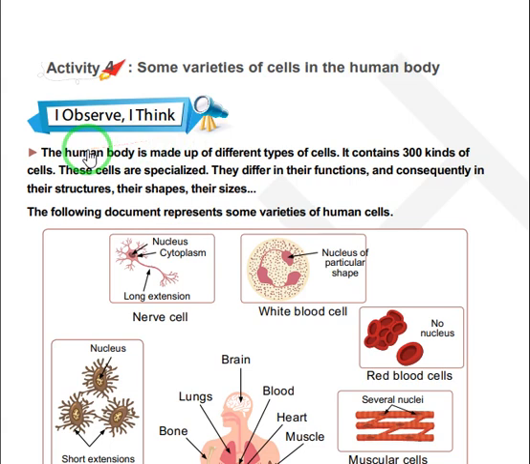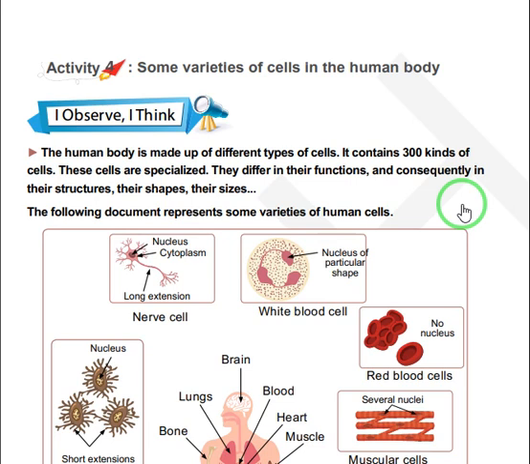So let's start reading this text. The human body is made of different types of cells. There are about 300 kinds of cells. But these cells are specialized. Not all of the cells have the same properties or characteristics.